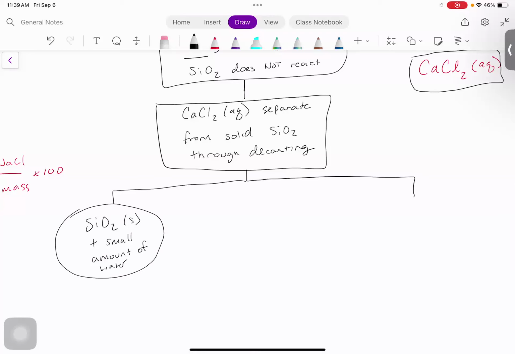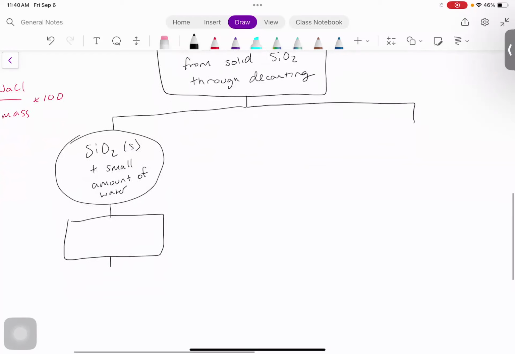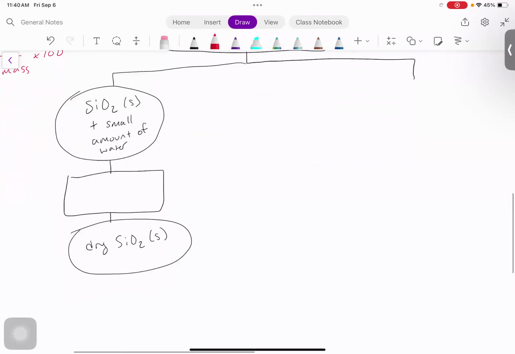And again, there's going to be a step that you'll do to remove that water. So how are we going to remove that water to eventually get to dry silicon dioxide that is solid? I'll leave that again to you to fill in. And you want to have a complete flow chart when you come to lab. So do fill that in.